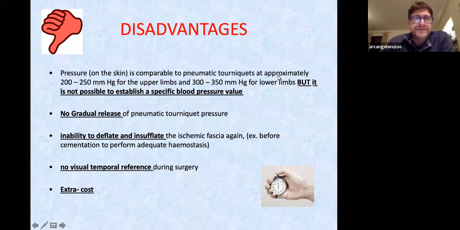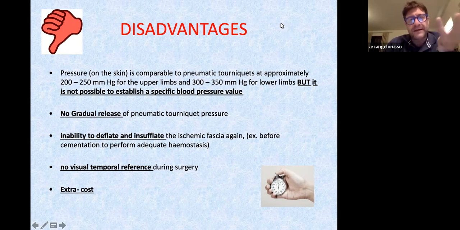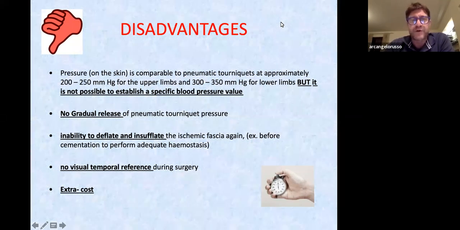There are disadvantages. Which ones? It is impossible to have a gradual release because when you finish your procedure, you have to cut the silicone ring and the device is finished. The pressure on the skin is comparable to the pneumatic tourniquet at approximately 200 to 250 millimeters of mercury for the upper limbs and 300 to 350 for lower limbs, but it's not possible to establish a specific blood pressure value.